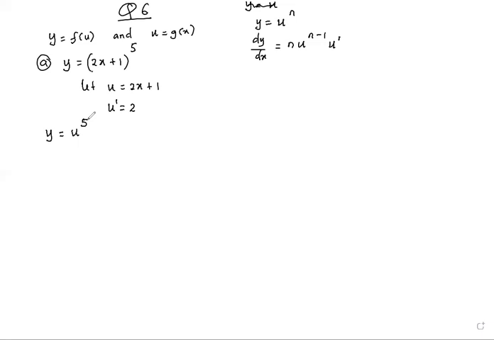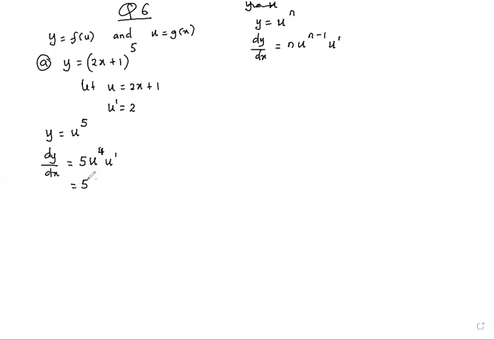Then from there now, you find dy dx. That is 5 u power 4 multiplied by u prime. But since we already have u prime, we'll just substitute.